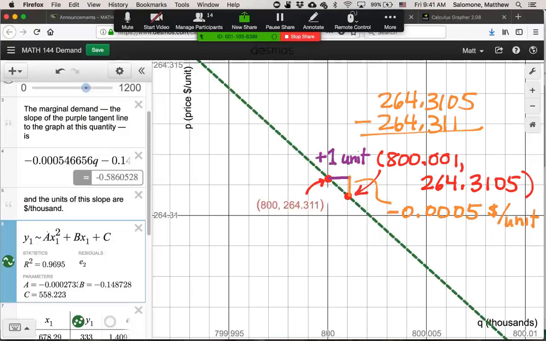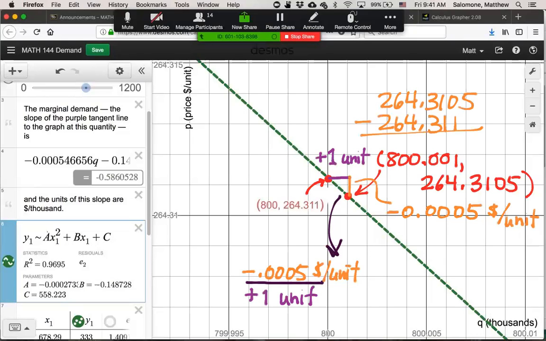And if I want to turn that into a single number, what I can do is divide. Divide the change in my y values, my negative 0.0005 dollars per unit. My vertical change, I'm going to divide by my horizontal change, plus 1 unit of sales.